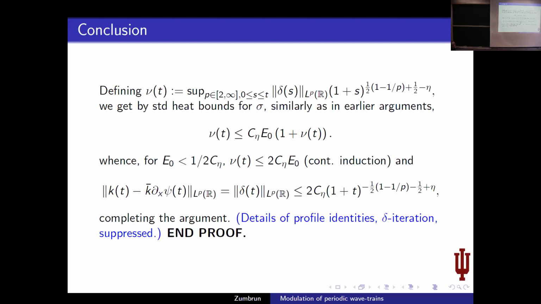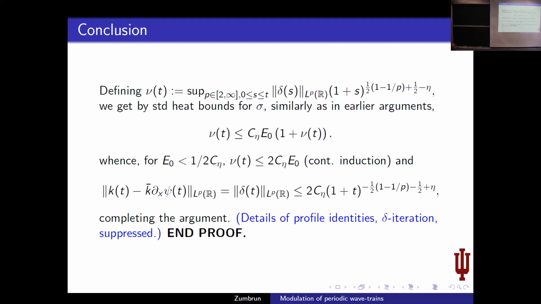And that is going to give me this decay rate for the difference between K, this is K with them, and this is R, dx of R psi. That's what we needed to show is small in order to, going back to observations A and B, show rigorously the decay rate of the Whitham.